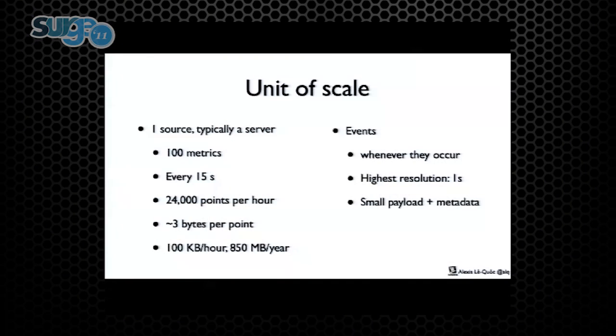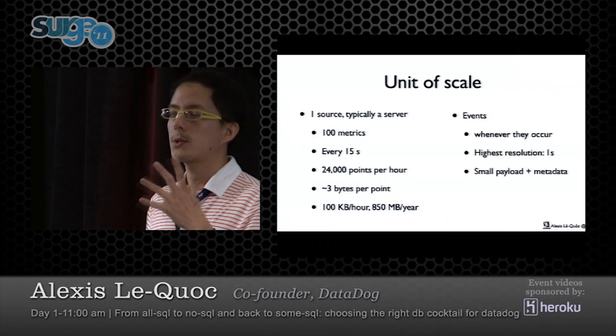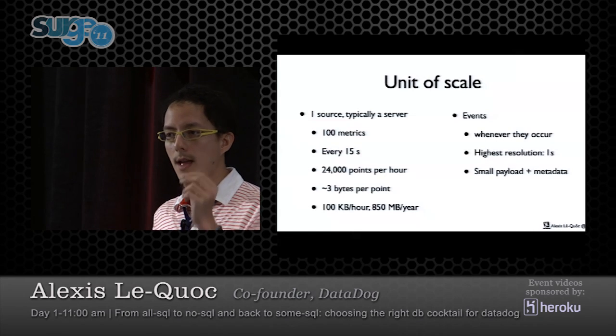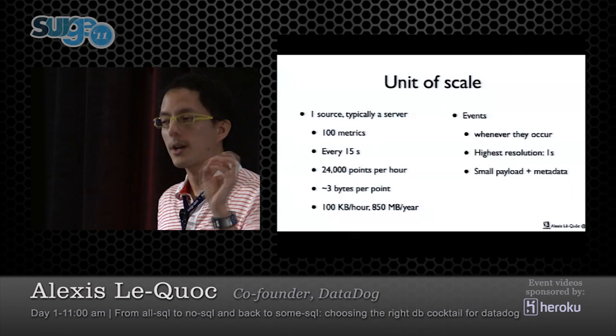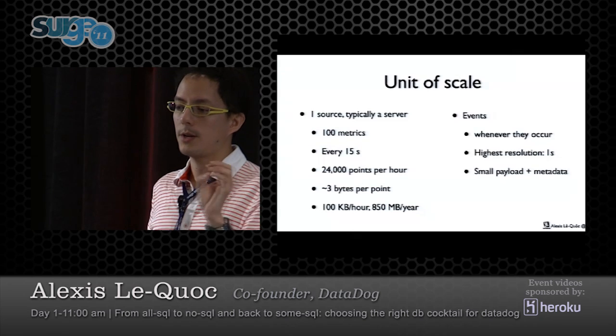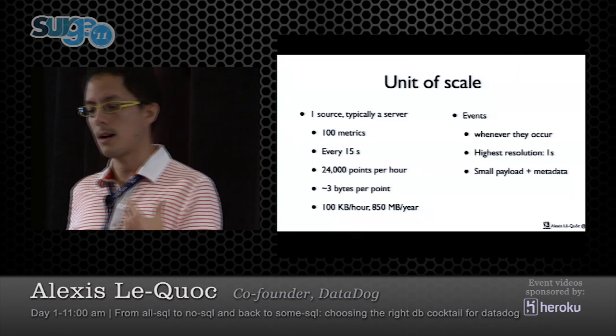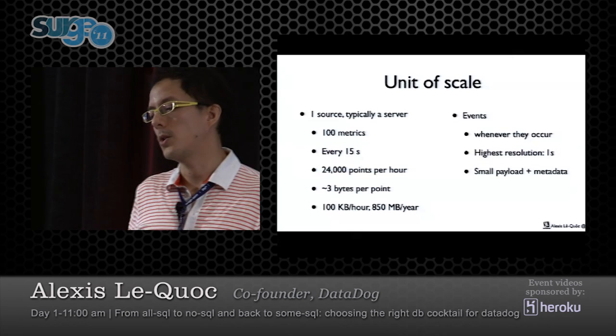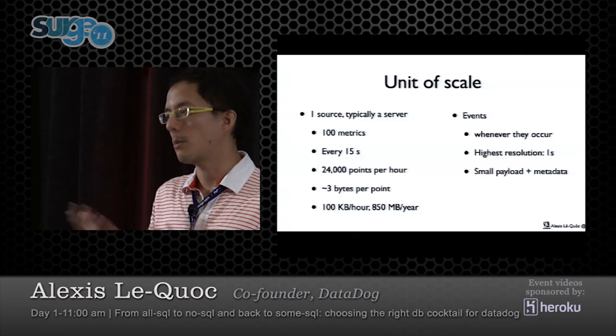One word about our unit of scale. As opposed to talking about how much data we're processing, I'm going to talk about the little nuggets that we ingest. A typical unit of scale for a time series comes, by and large, from servers. One server would typically run a couple of applications.